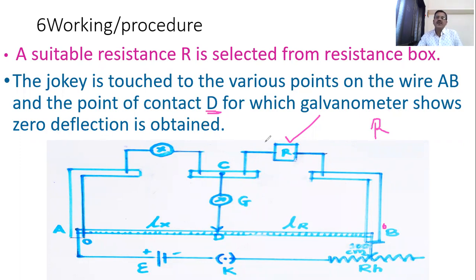Initially, resistance R is taken from this box. Then the jockey is touched from point A to different points of the wire AB, until the point of contact D for which the galvanometer shows zero deflection is obtained.